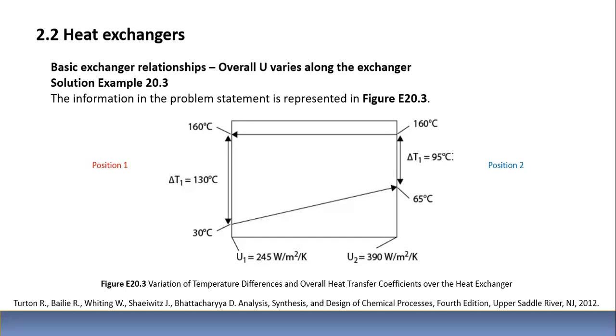Si usted dimensiona el intercambiador, determina el área de transferencia después de estimar el coeficiente interno y el coeficiente externo de transferencia de calor, y usa la fórmula para determinar el coeficiente global de transferencia de calor con los llamados fouling factors.